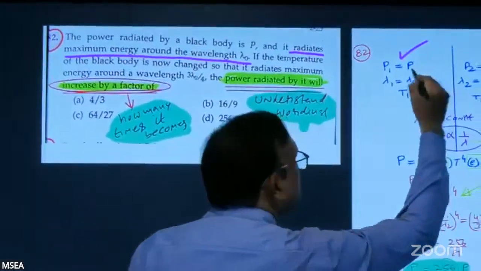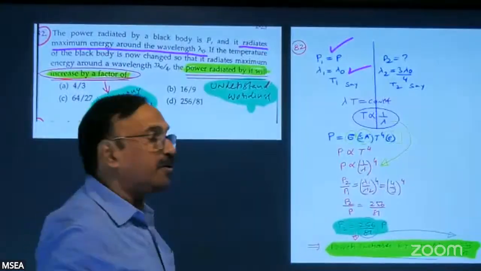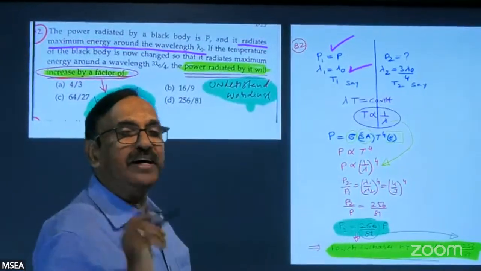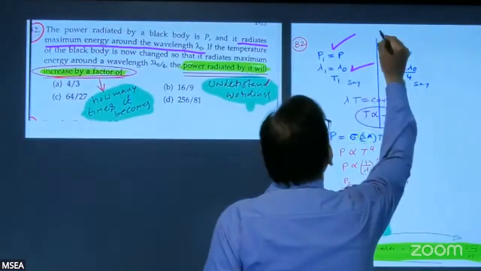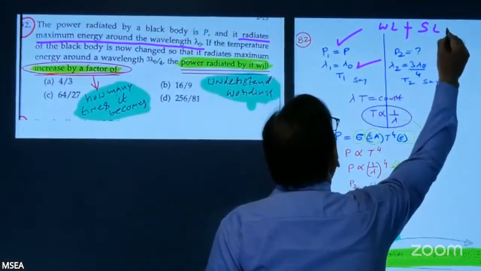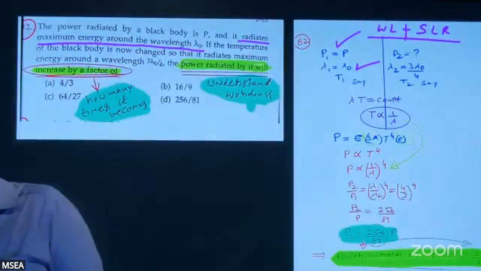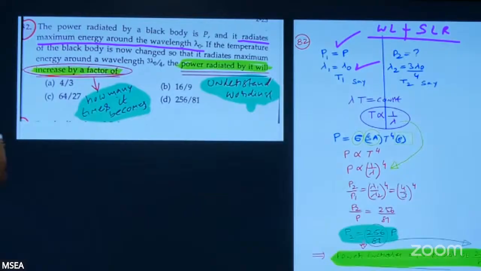It is a very important question based on Wien's law plus Stefan's law of radiation, a combination of two important subtopics of our physics.